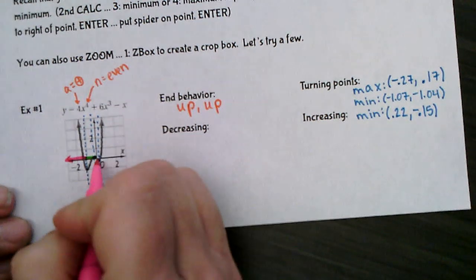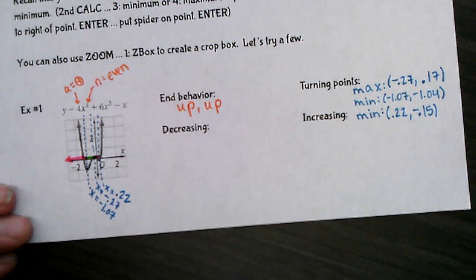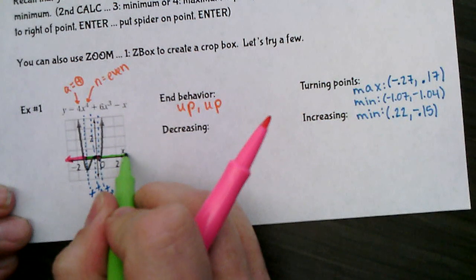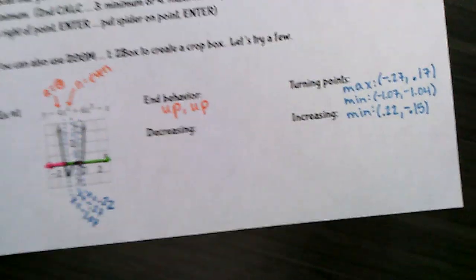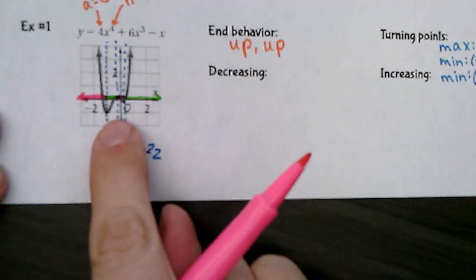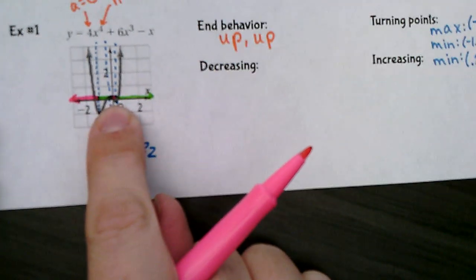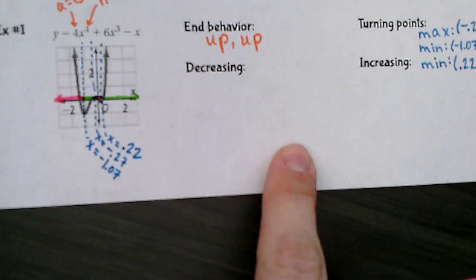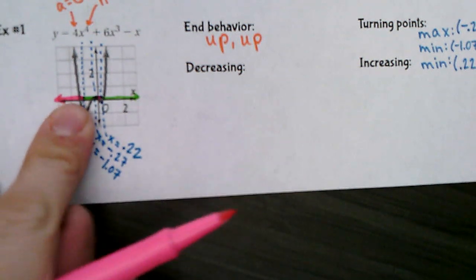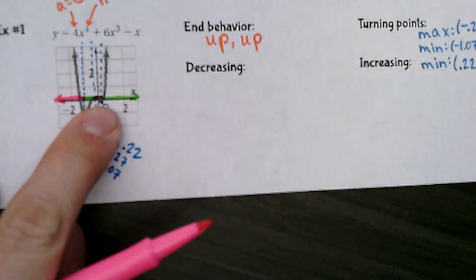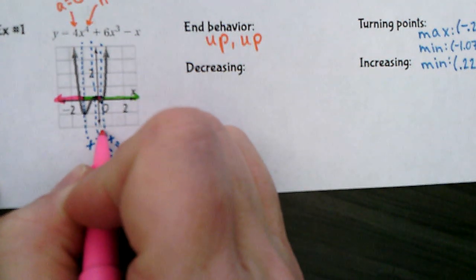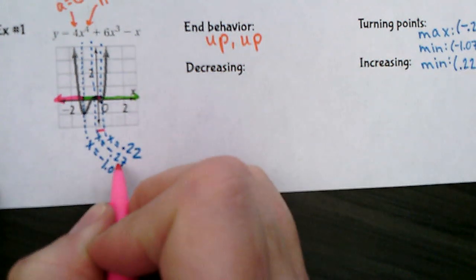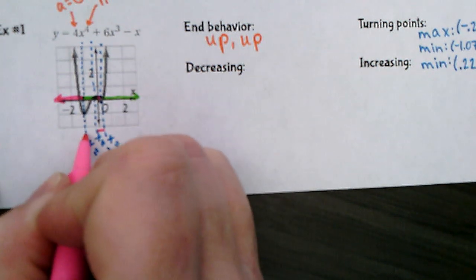And then for an even tinier bit, I go downhill again and then uphill again. I'm not sure if you can see where I've got that itty bitty section of pink there. So that is my decreasing section, my pink here and the itty bitty pink there. That itty bitty pink there was in between x equals negative 0.27 and x equals 0.22.